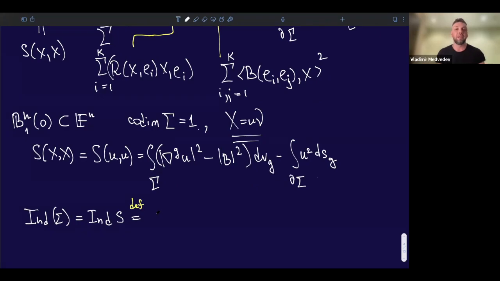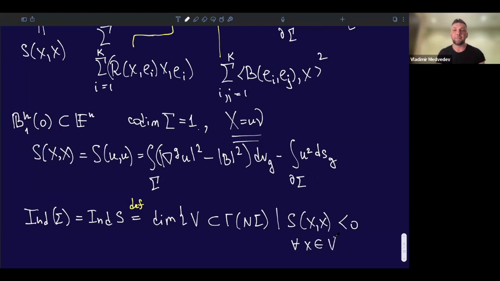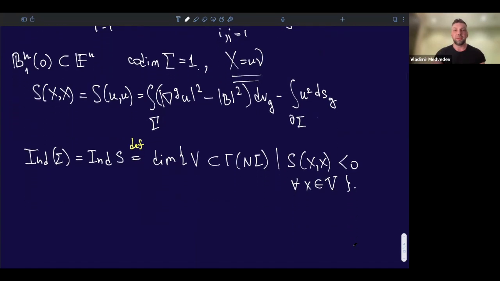It is the maximal dimension of a vector subspace V of the sections of the normal bundle on sigma, on which this form is negative definite for any X in V. The intuition here is as follows: you can also say that this is the maximal number of linearly independent infinitesimal variations which decrease the volume of our free boundary minimal surface. So this is the intuition behind it.